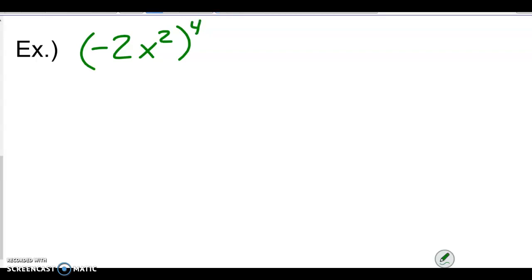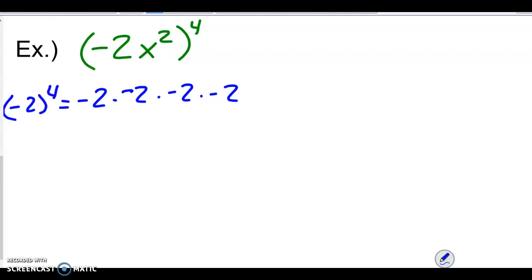Okay, well, first of all, it doesn't matter which one you deal with first here. Negative 2 times negative 2 times negative 2 times negative 2. That is negative 2 to the 4th. What that's going to end up giving you, negative 2 times negative 2 is 4, times negative 2 is negative 8, times another negative 2 is 16. So negative 2 to the 4th is 16.